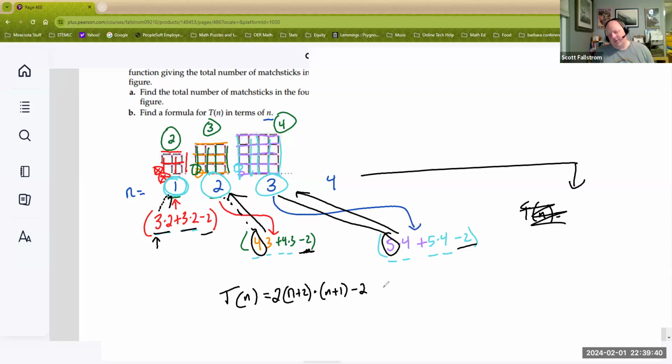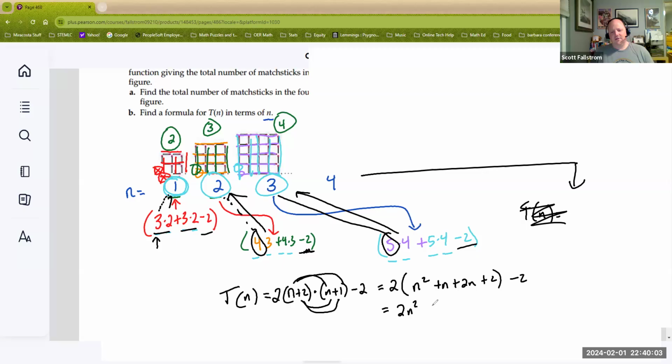Could you multiply this out? Absolutely, you could multiply this out, right? You have 2 times n squared. So if I multiply n times n, then n times 1, so plus n, then 2 times n, and then 2 times 1. And then don't forget my minus 2. And then just distribute the 2 across.